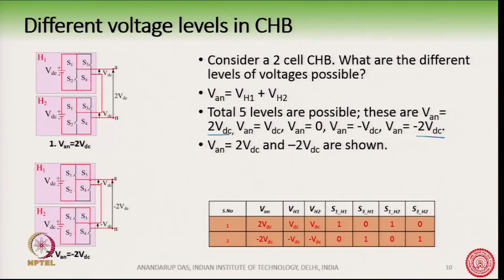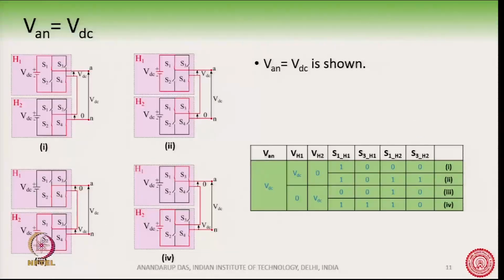Now, if we want to get VAN equal to VDC, how is the circuit? It is shown here. For VAN equal to VDC, there are several possibilities. In fact, there are 4 possibilities.